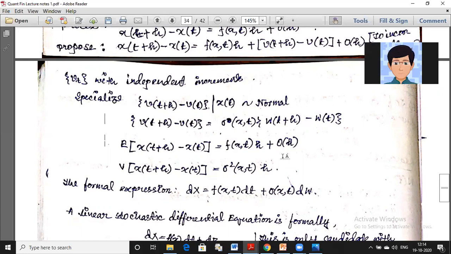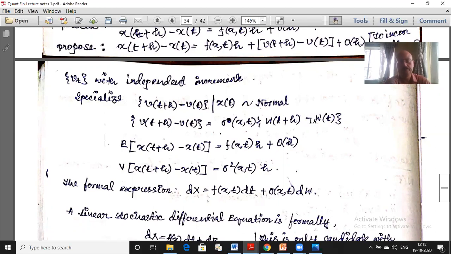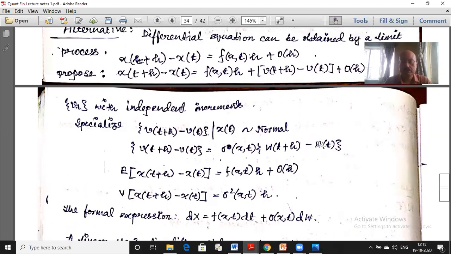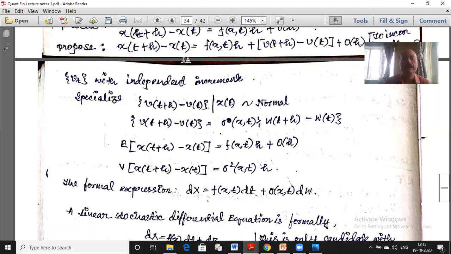Yes, sir. So I start from first principles, write it as a difference equation, then introduce the randomness here. For the randomness, we use the particular candidate of the Wiener process. So I know the mean and variance of this increment, and I don't need any further moments because I am using the normal distribution. Now let us take the limit and write this difference as a differential.